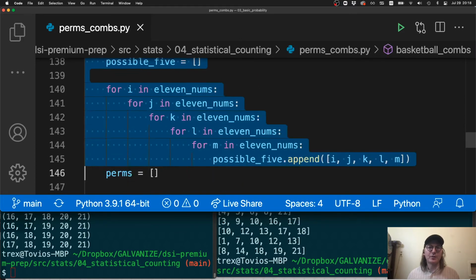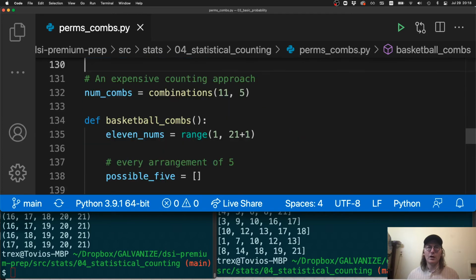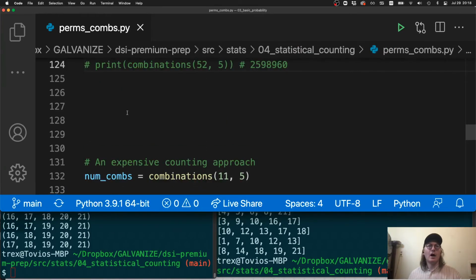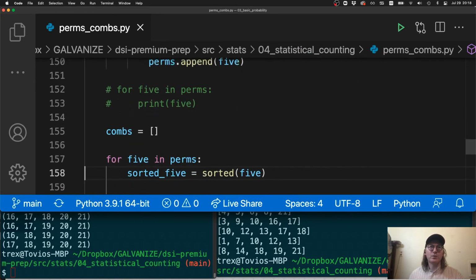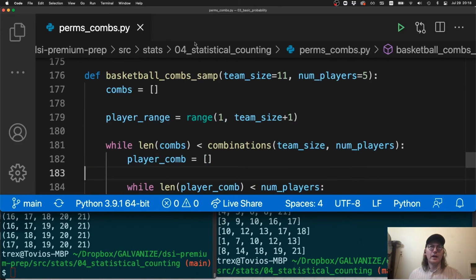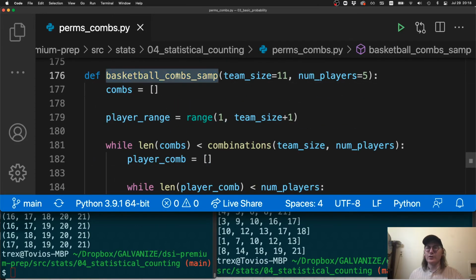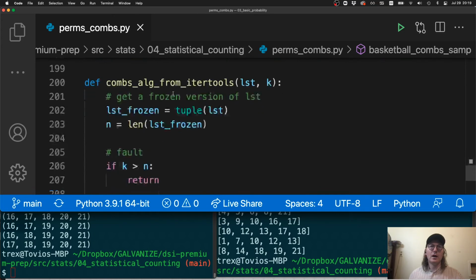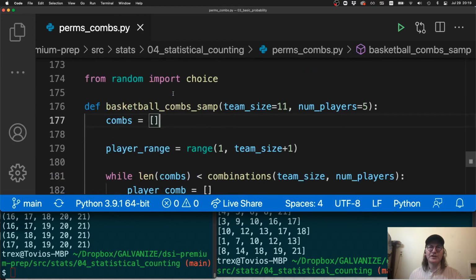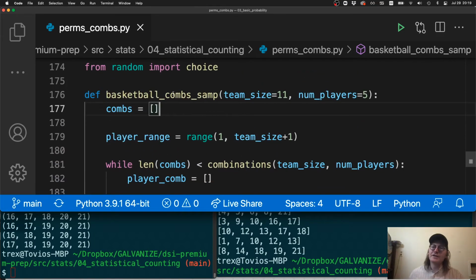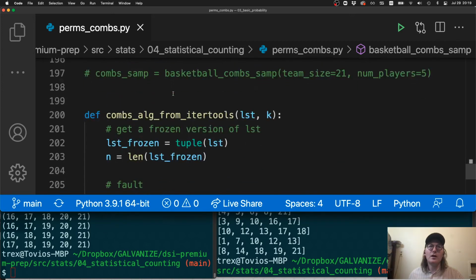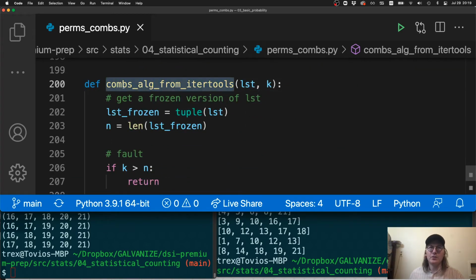This expensive counting approach, for example. I think it's good to look at this and understand what's happening there. It's good to look at this sampling approach, and then once you have these simpler algorithms locked down, understandable, then you can work on understanding a more complex algorithm.